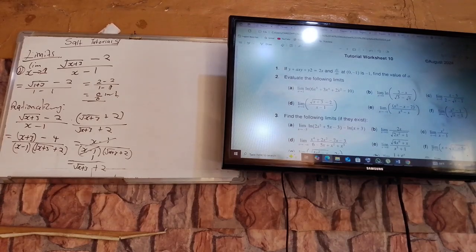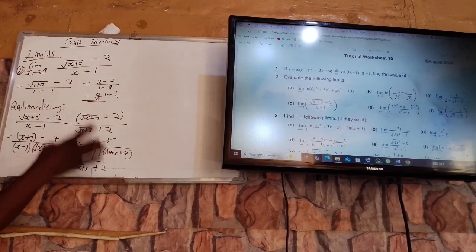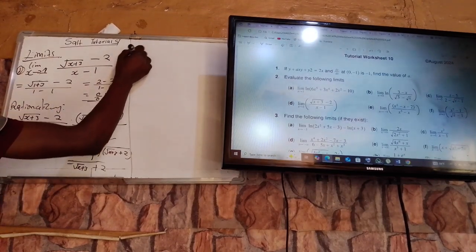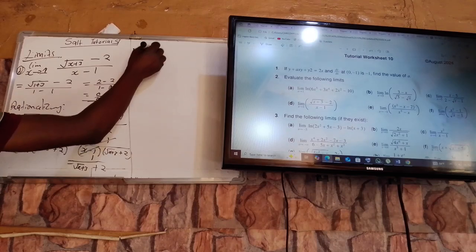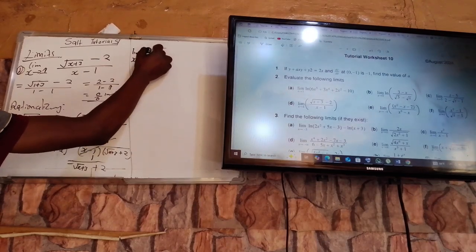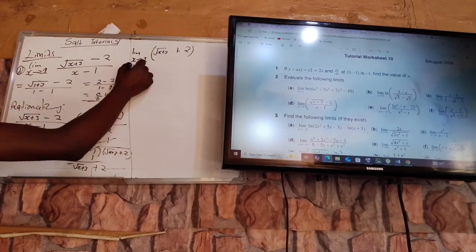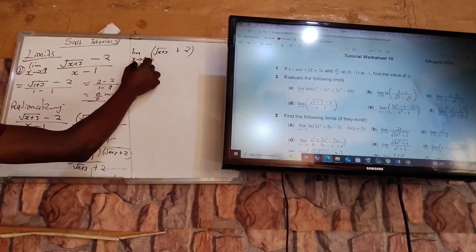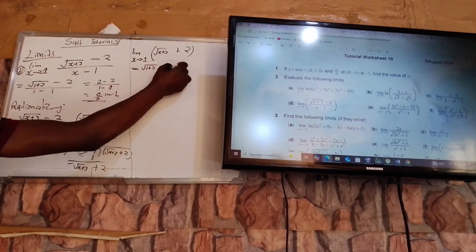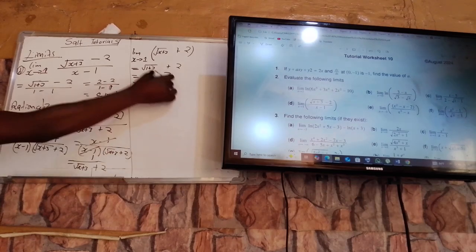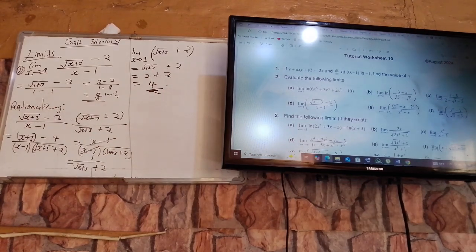We're okay. So instead of using this guy, we'll use this one. So on that part, we're going to have the limit as x approaches 1 of 1 over root of x plus 3 plus 2, so that this becomes, put a 1 there, root of 1 plus 3 plus 2, which will be 2 plus 2, which will be equal to a 4. As simple as that.